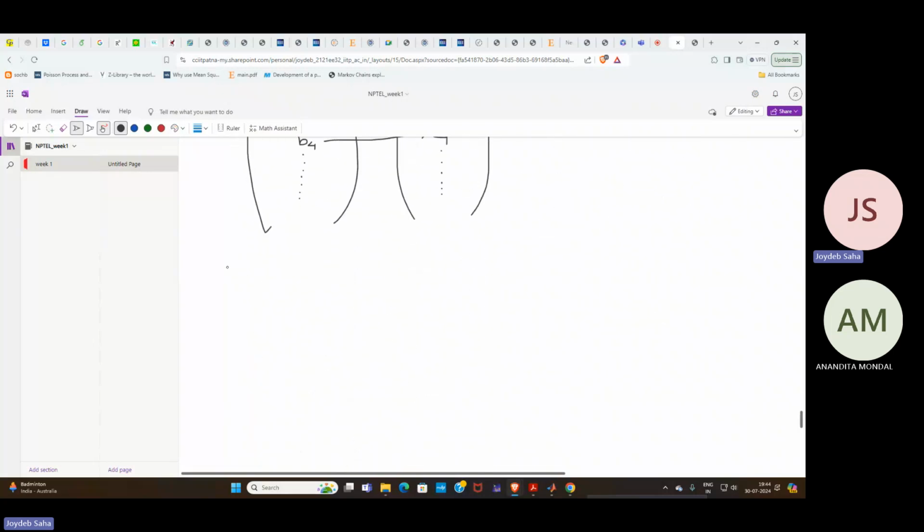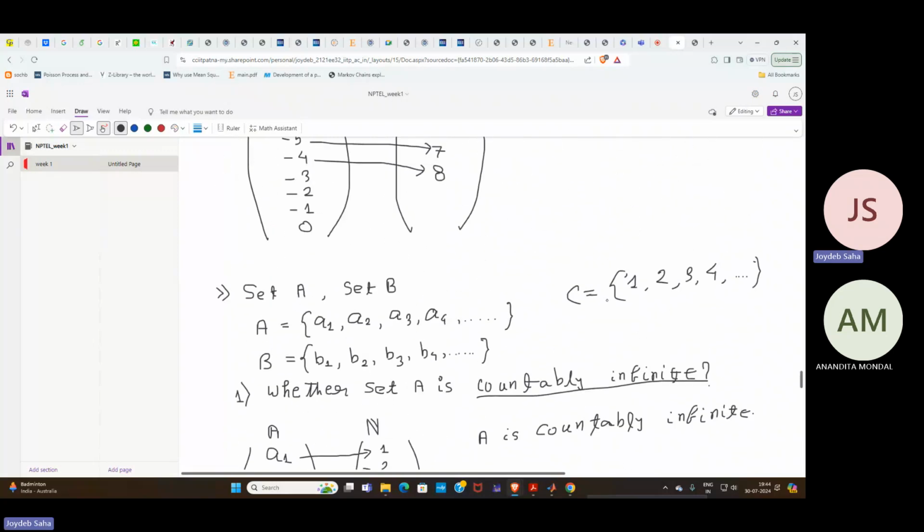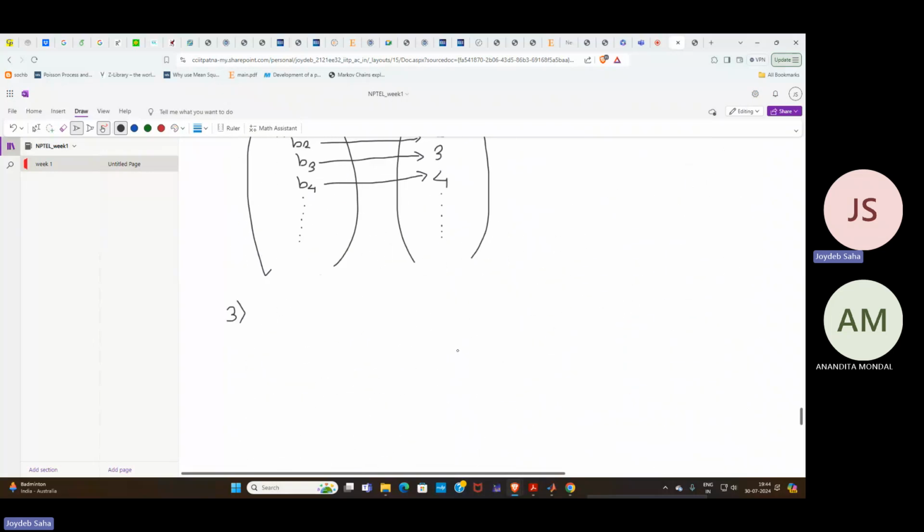Now there is an interesting question. Similarly, set C will also be countably infinite.